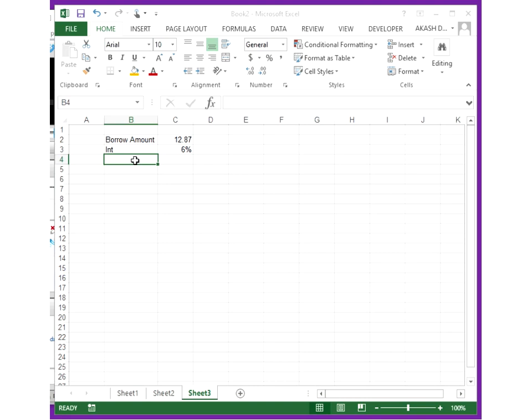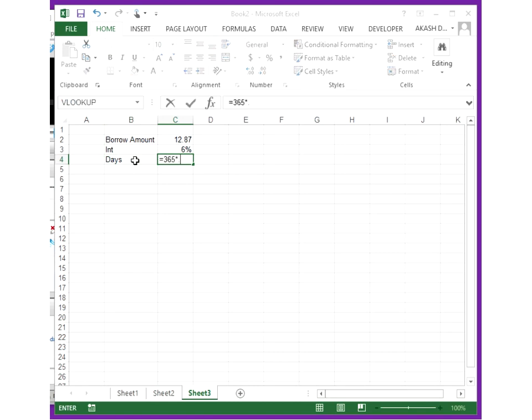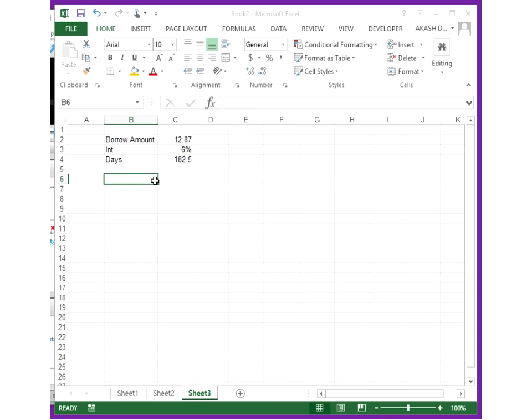The number of days you've borrowed it for is 6 months, which is 182 days.